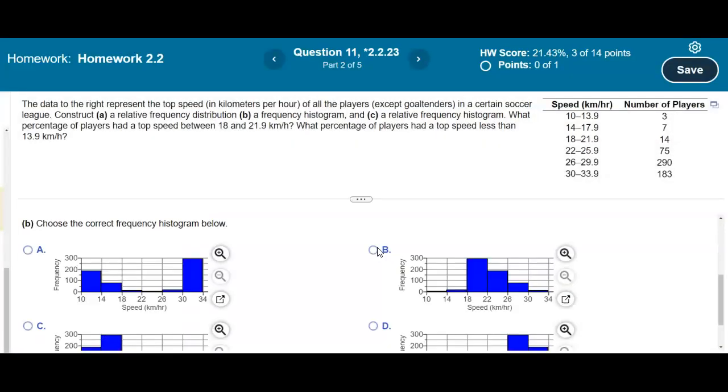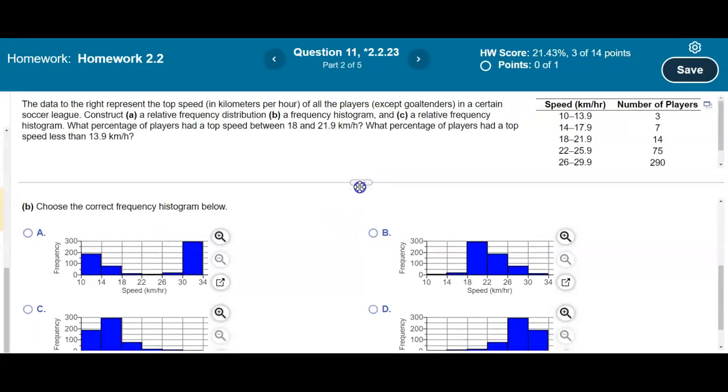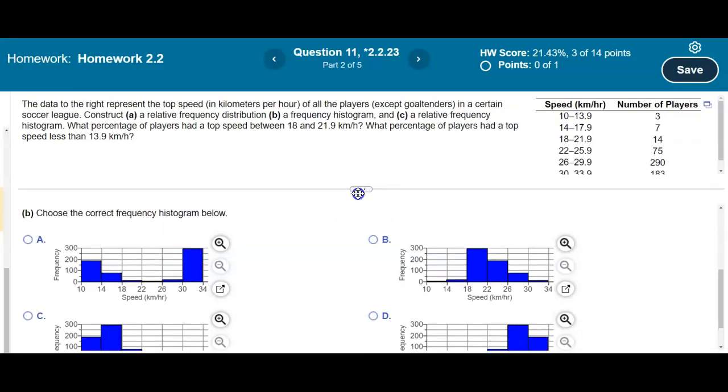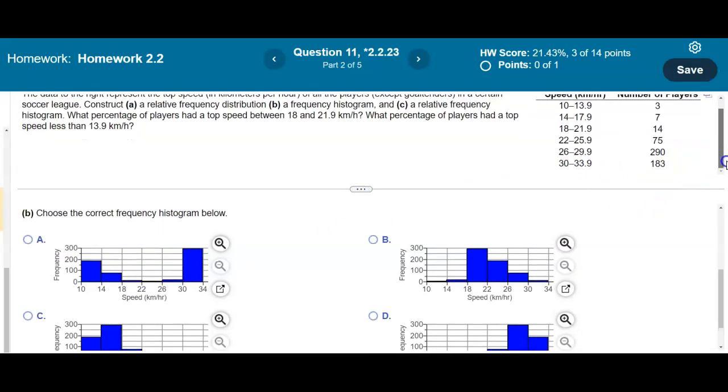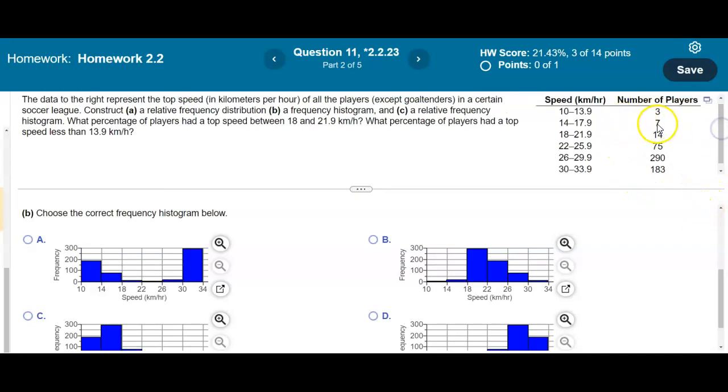Now we want to construct a frequency histogram. We can take a look at our data and determine what's happening here. We know that our frequency for the first class is going to be 3 and then 7. So if we look at the first choice, A, we rule that one out.